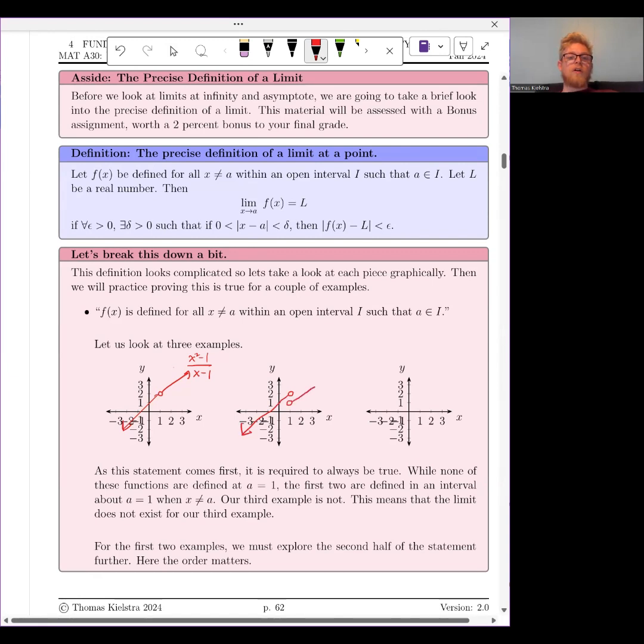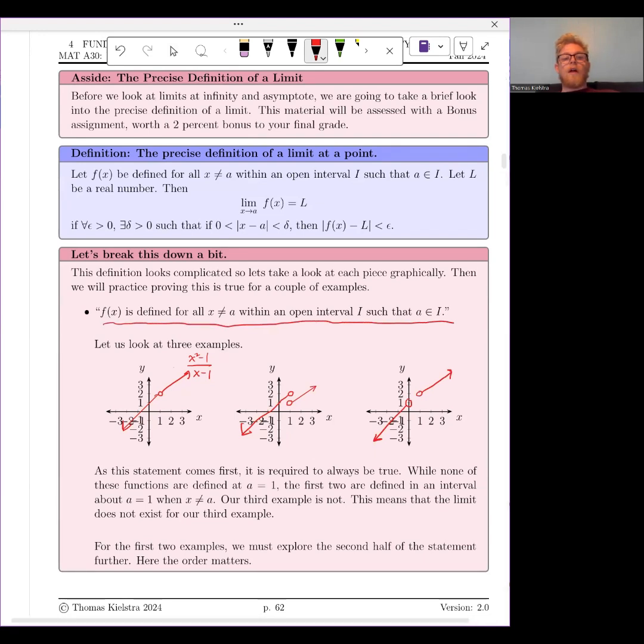Where our knowledge from limits tells us we have a jump discontinuity. But we're going to explore this in terms of this first point. Then we have the graph that looks like this. Okay. And we're just going to analyze our first part of the definition.